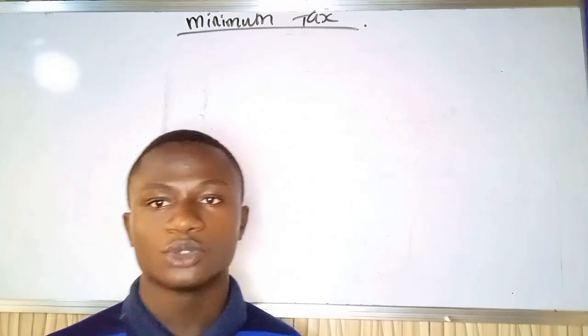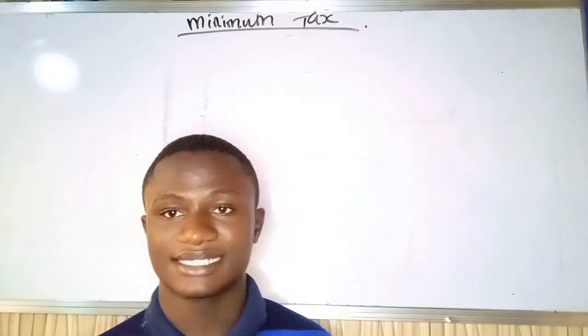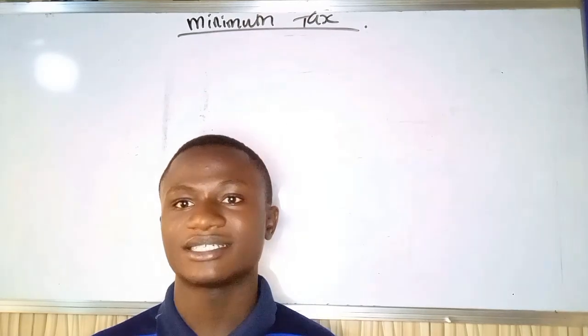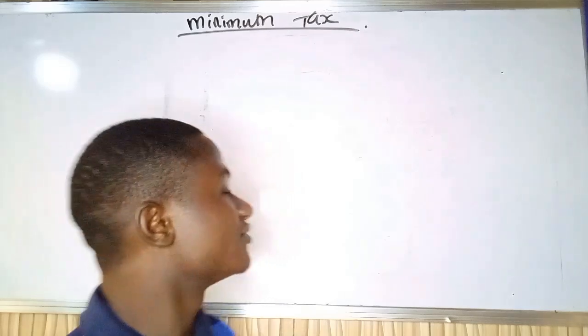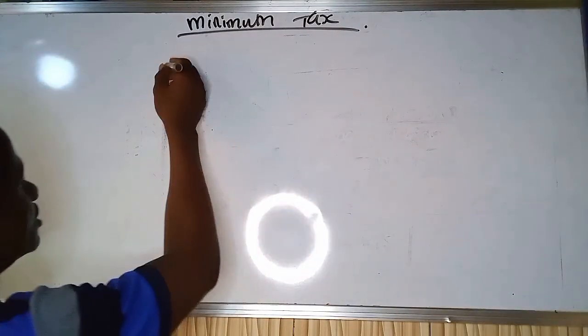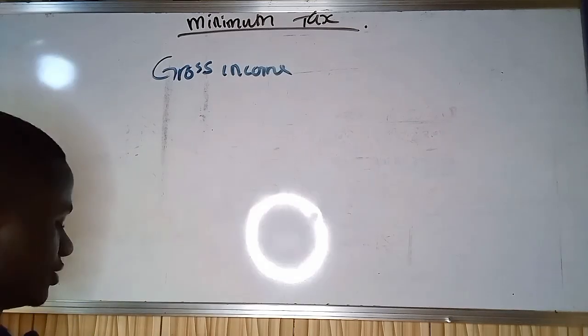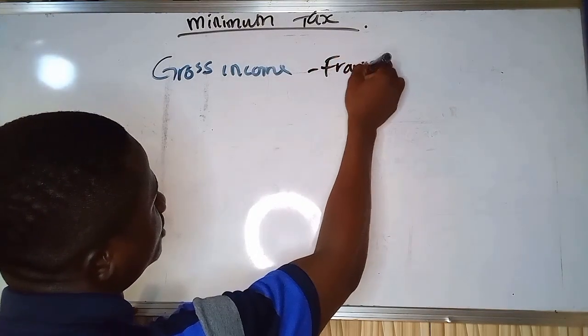Another thing you need to know is that in the computation of the minimum tax, the Finance Act has made it more simple compared to the one we had before. So what is the formula? The formula is simply gross income minus franked investment income.